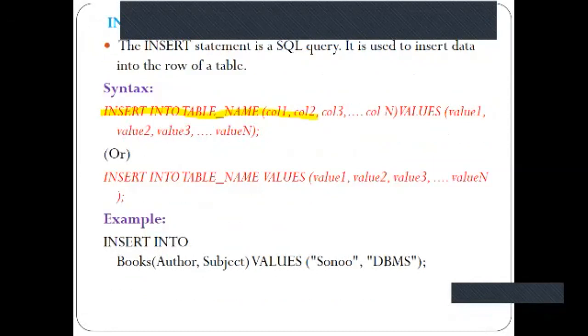The first one is insert into table name, write the column names in a bracket, column 1, column 2 till column n, close the bracket, values, and give the values for those columns. Or you can insert in another way, that is insert into table name, values, and start inserting all the values.